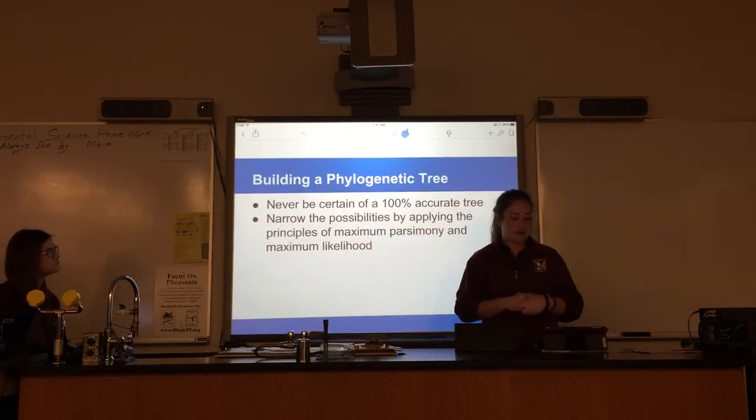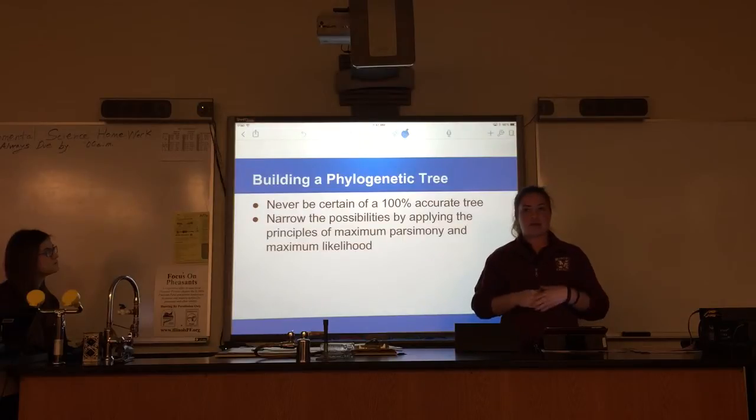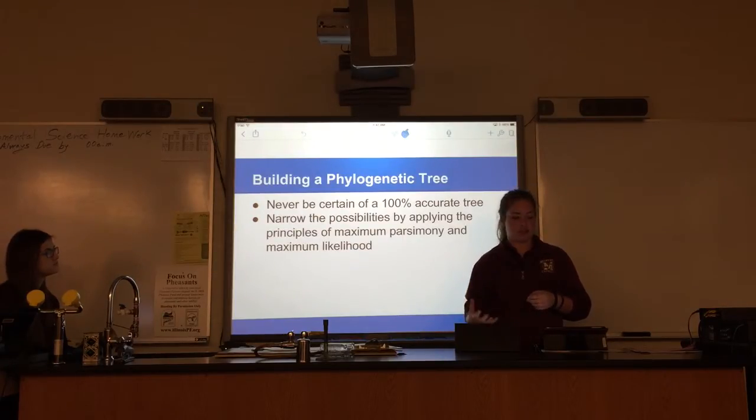When building a phylogenetic tree, you're never 100% accurate, but scientists try to make the most concise tree by narrowing the possibilities by applying the principles of maximum parsimony, it's a weird word, and maximum likelihood.